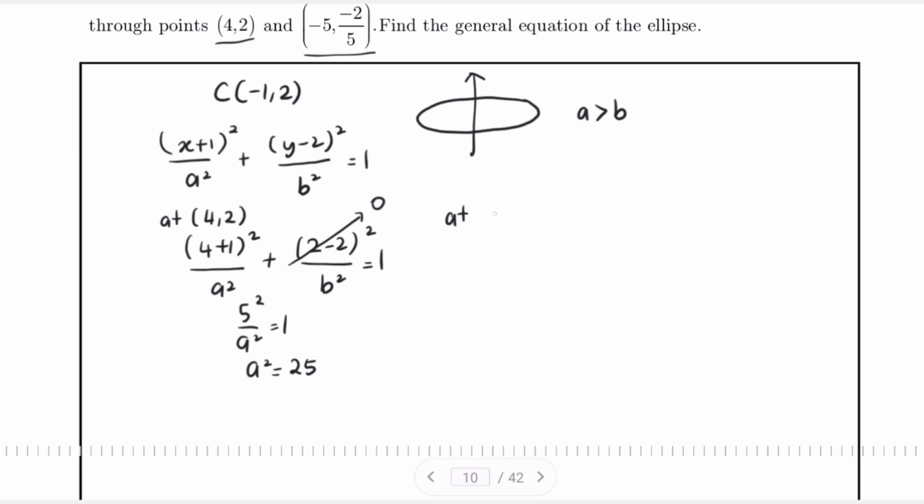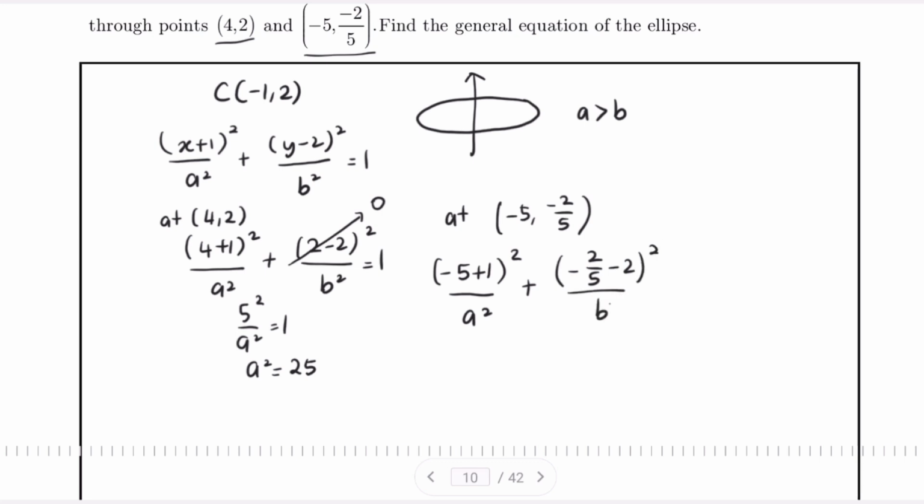Let's use another coordinate, which is (negative 5, negative 2 over 5). So it's going to be (negative 5 plus 1) squared over A squared plus (negative 2 over 5 minus 2) squared over B squared equals 1. We already know that our A squared equals 25.